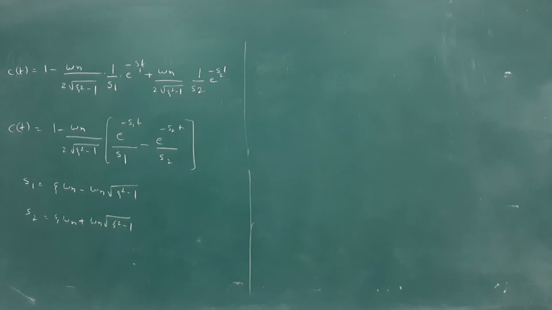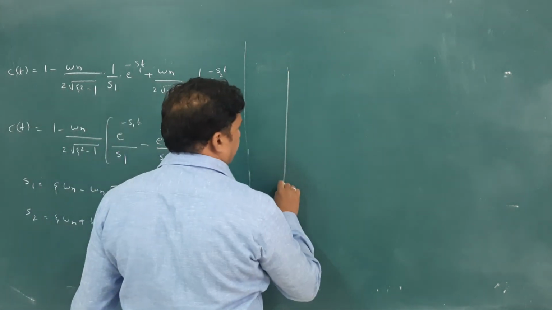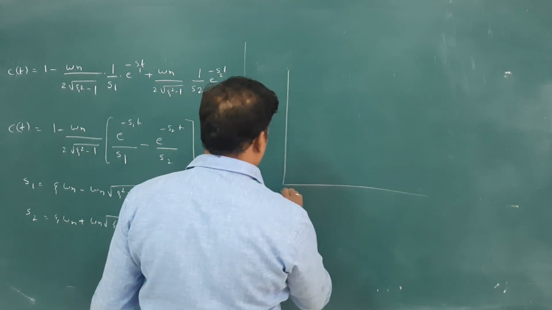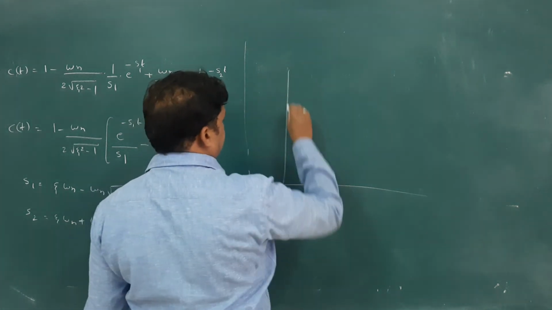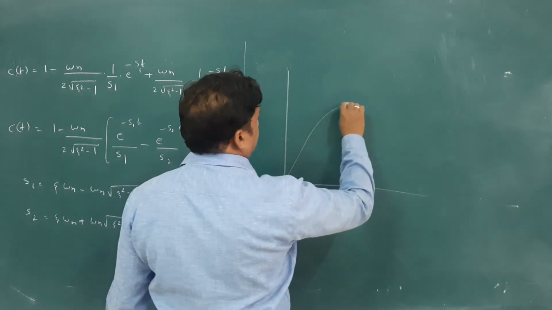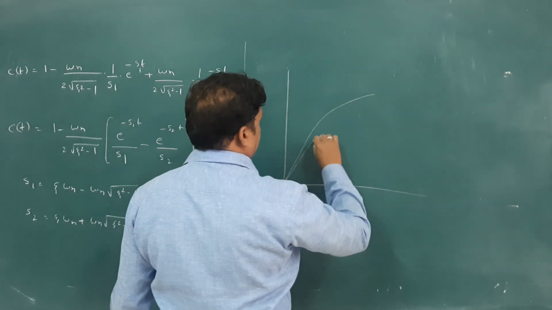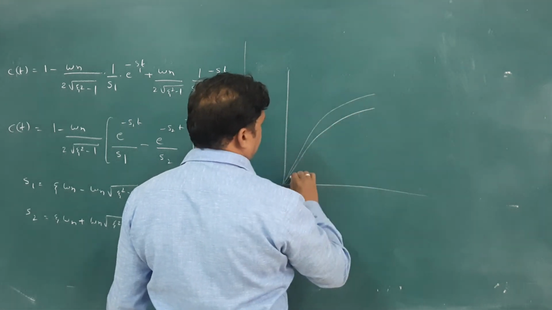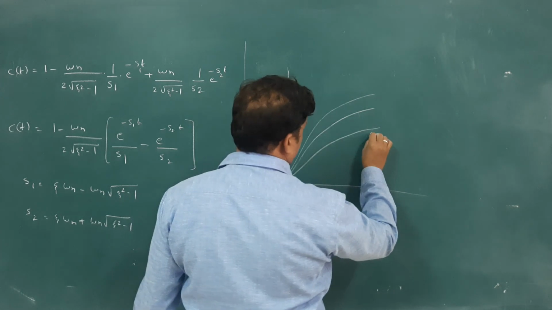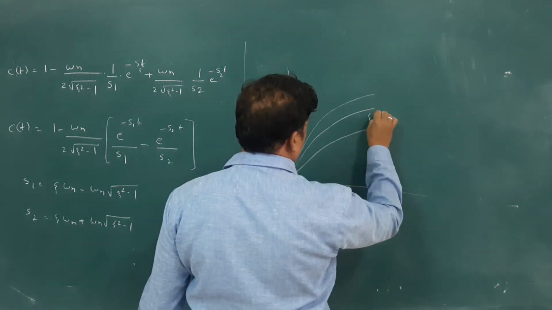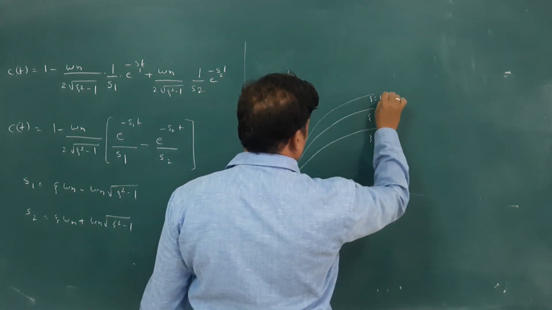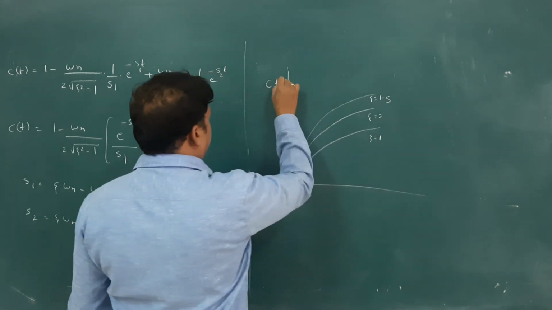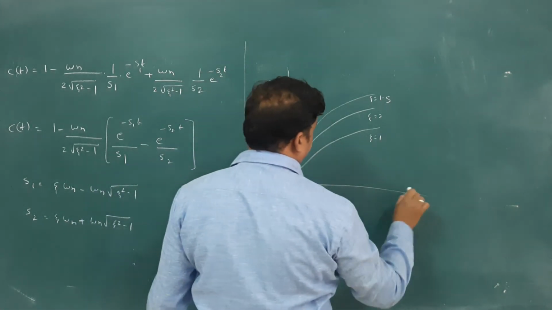If we draw the characteristics, the graph for the second order system with the overdamped case, here we see zeta is greater than 1, some random values here. It is C of t versus t.